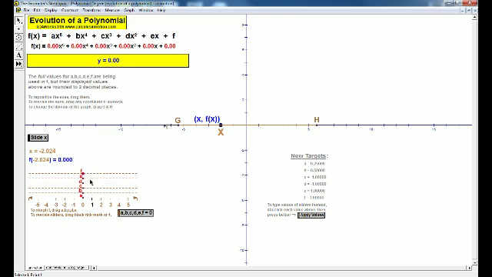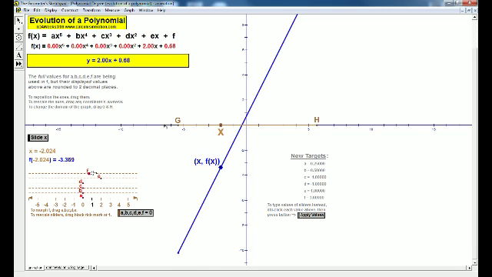Okay, that's y equals 0, right? Now what about a linear equation? That's y equals 2x plus 0, right? So what's the slope? The y-intercept? 0.